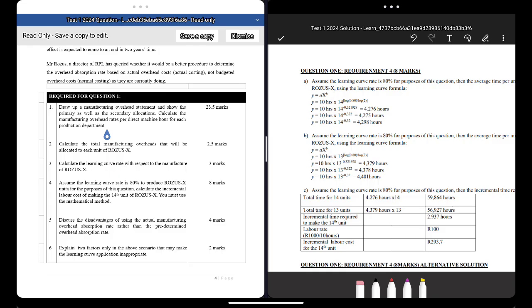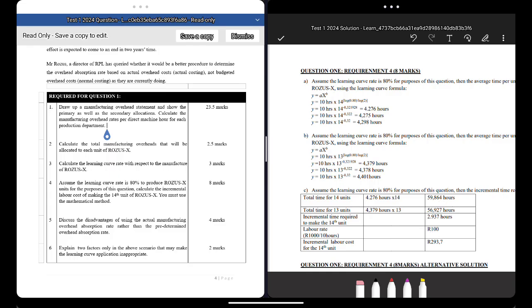We want to know the total cost of 14 units and the total cost of 13 units, the difference. Obviously, if you're doing 13 units and then suddenly make 14 units, the cost is going to increase. So we take the difference in hours.